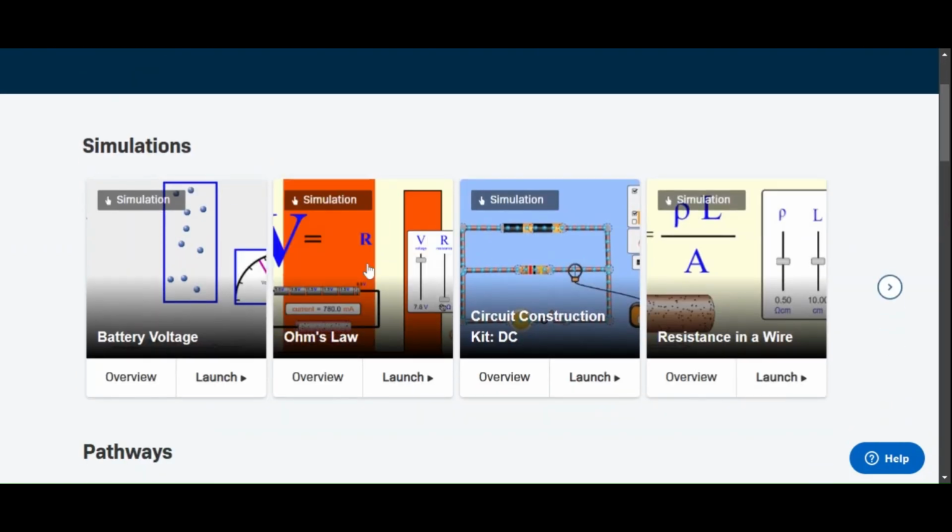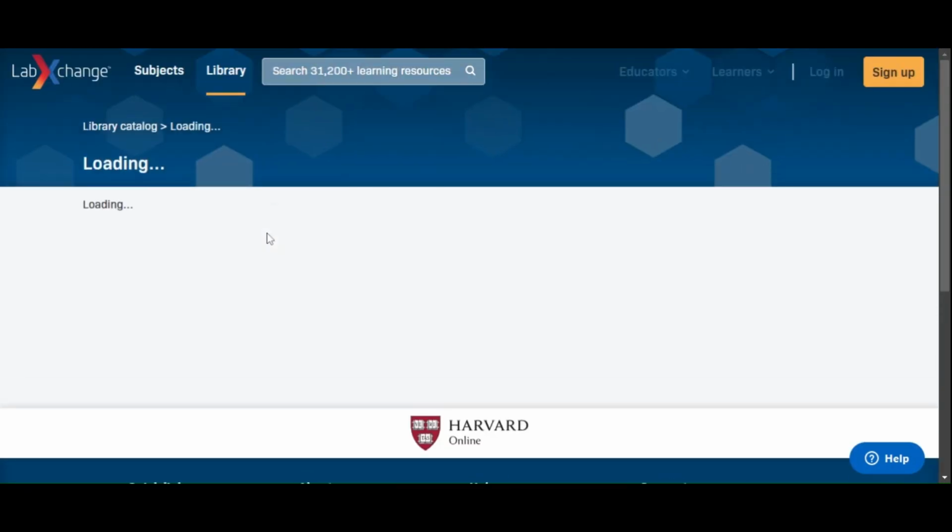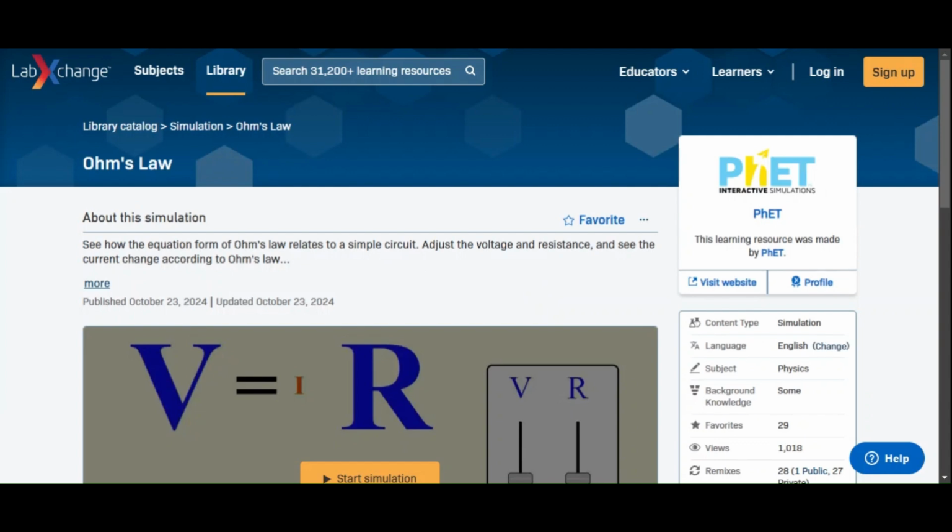So here we have the Ohm's law. I'll click that one and wait for the page to load and to see what comes in that page. Just to remind ourselves that Ohm's law helps us to understand how a potential difference across a conductor relates with the current.